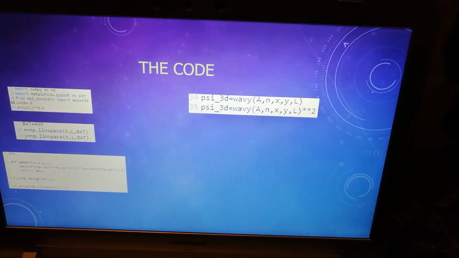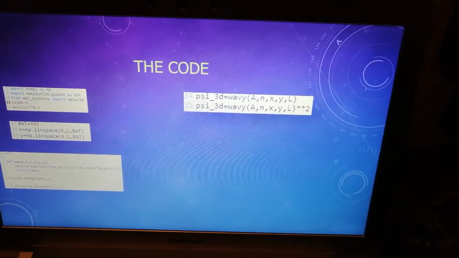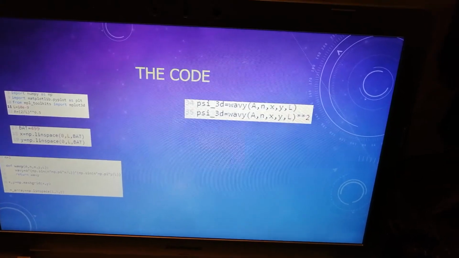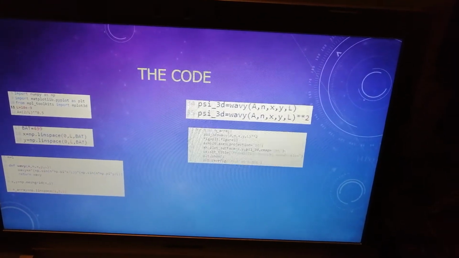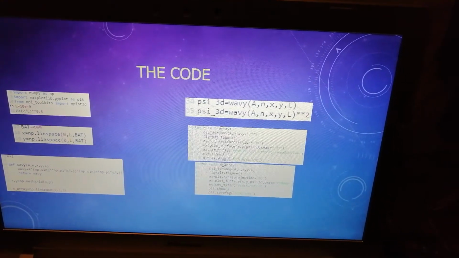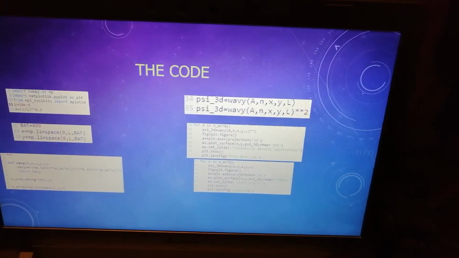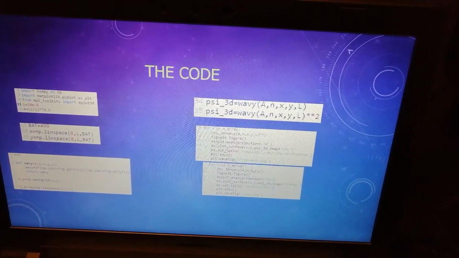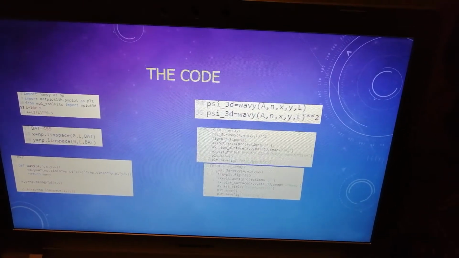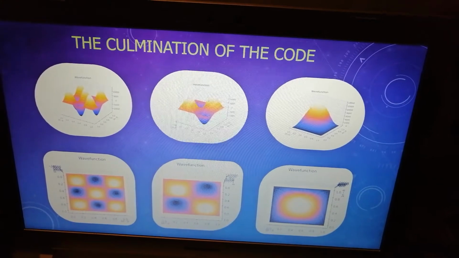And after that, we make it so we can have both the equations for the probability density and the wave function. And then we input those into our for loops, where the for loop is used to make the code more concise and make it easier to code this. Now, these are the results of that code.